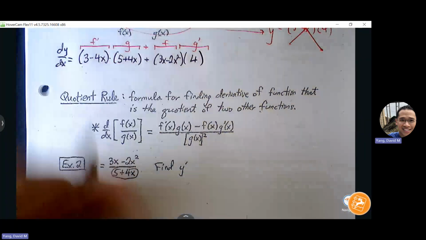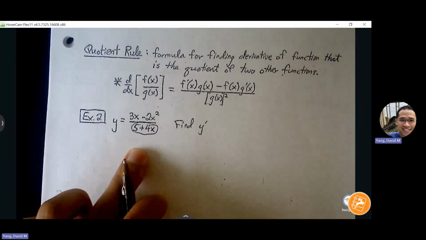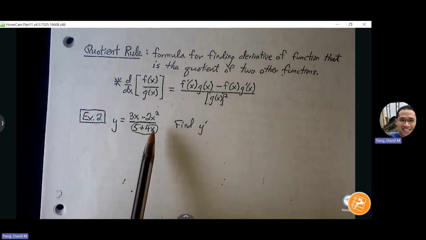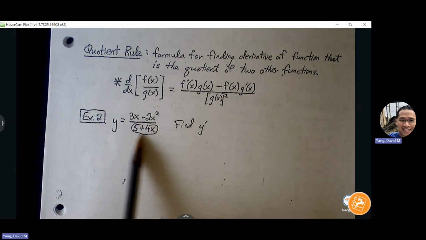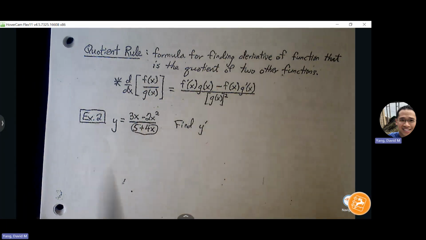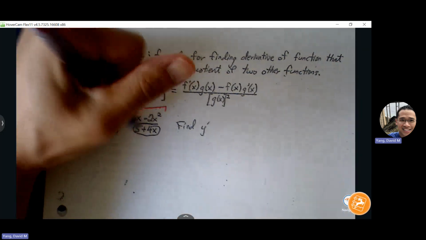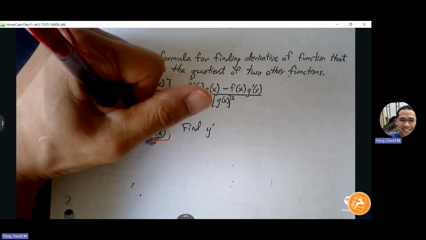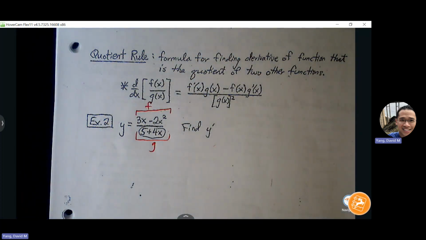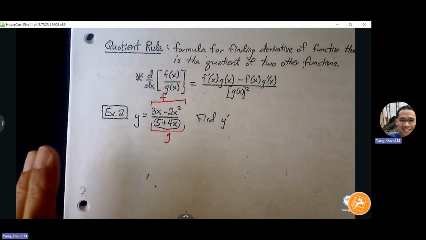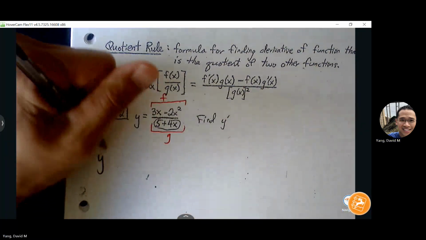We can't bring it up, and it's not going to make it any cleaner or easier. That's a different rule that we're going to learn later. But if there's more than one term and they're added or subtracted, we're forced into this fractional relationship. It's not easy to split up and get rid of that fraction. So because we're stuck in this form, and we're asked to find the derivative, we're going to go through quotient rule. Your denominator and numerator cannot be changed into a different form, but we are asking for the derivative.